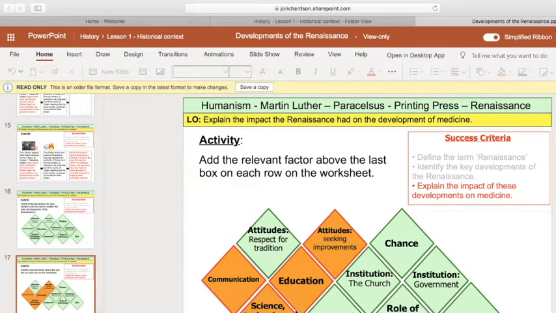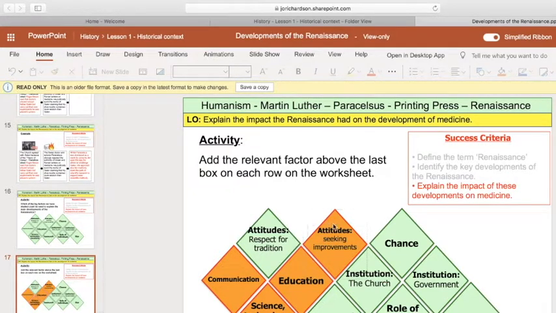Microscope means we see improvements in technology. We see improvements in education through educating on anatomy and the printing press, allowing more books and different sorts of platforms of education. And then we clearly see an attitude towards seeking improvements, and we didn't really speak about that one there.